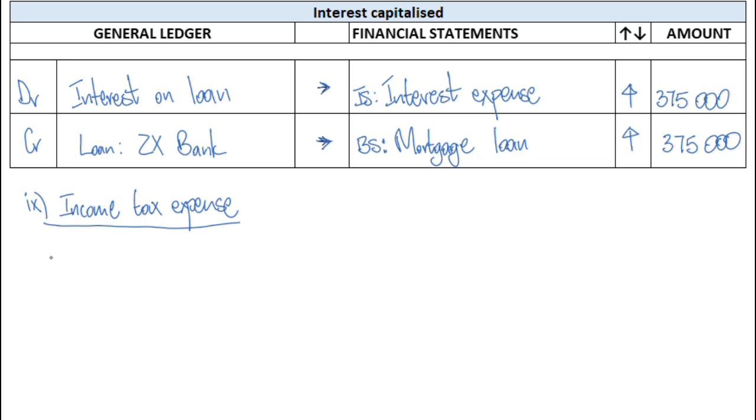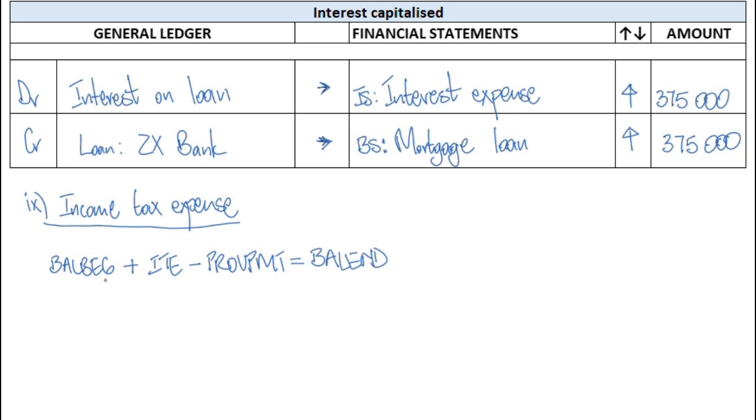The formula to use is the balance at the beginning of the year plus income tax expense minus provisional payments will equal the balance at the end of the year.